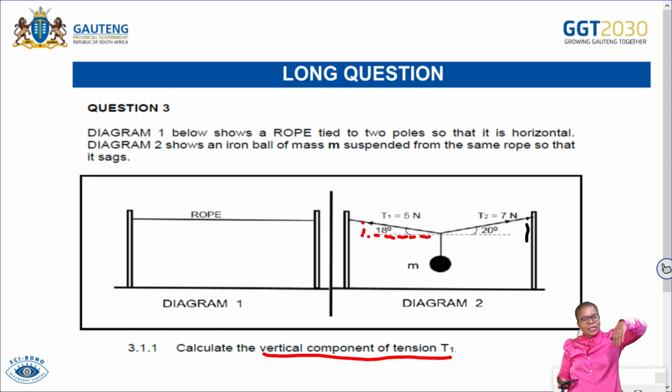Remember, the mass is going down, whereas the vertical component is going up. So what is the force acting onto this ball? We know it is not in contact with anything, but we do have non-contact forces. Therefore, the force acting onto this iron ball is your gravitational force.